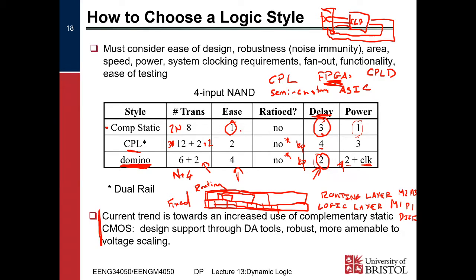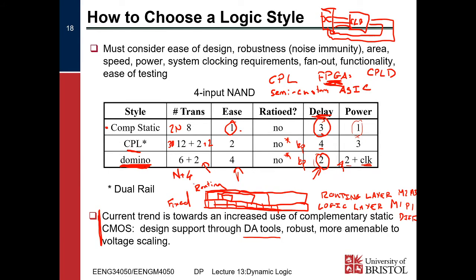So we get more and more CMOS logic on our chip, and we only ever consider things like domino logic for the key critical paths, the ones that really affect the performance of our chip. Also, all the tools generally tend to be better at doing CMOS logic because it's just easier for the tools to work with.